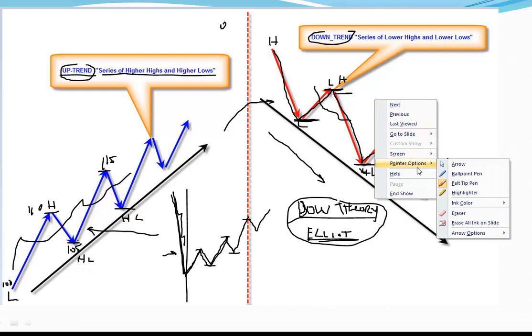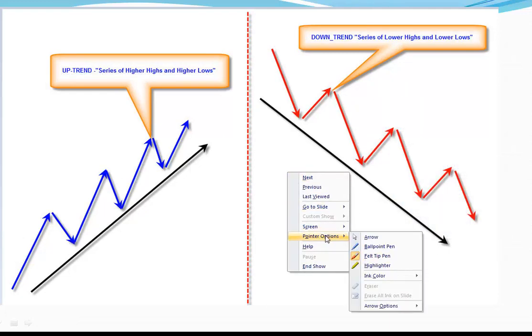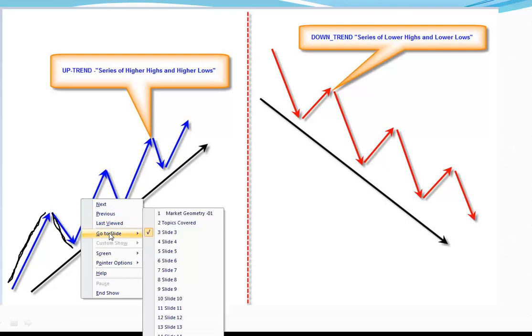Now let me just erase all ink and put the felt tip. Now looking into the future of what we're going to be doing, not really today, but what we're going to be doing is a couple of things. Number one, we always look at this is the move up, and this right here is the retracement. Actually, let me fix the color.